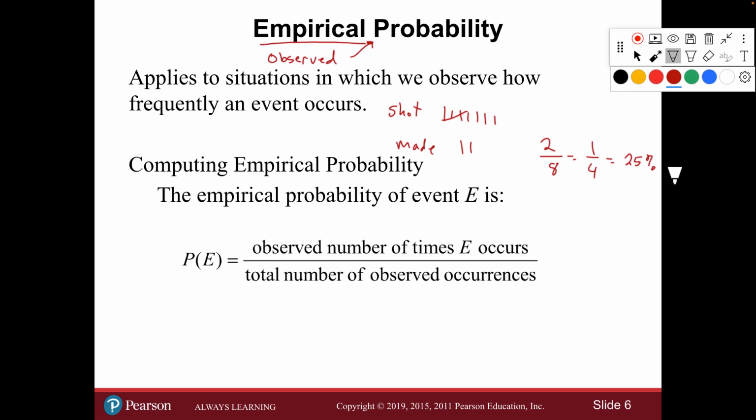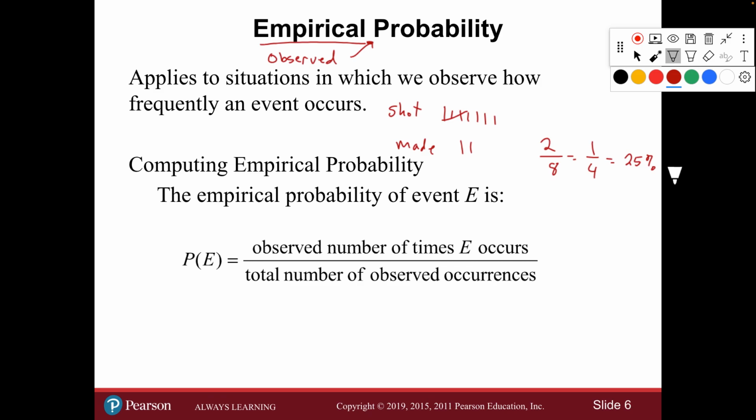Let's say they're a 25% shooter, and so it also means, we'll see a little bit later, there's 75% failure, right? They don't make it 75% of the time. If they shoot 8 times, they're not going to make it 6 of the times. 2 of the times they made the basket, so they're probably not on the starting team, right?